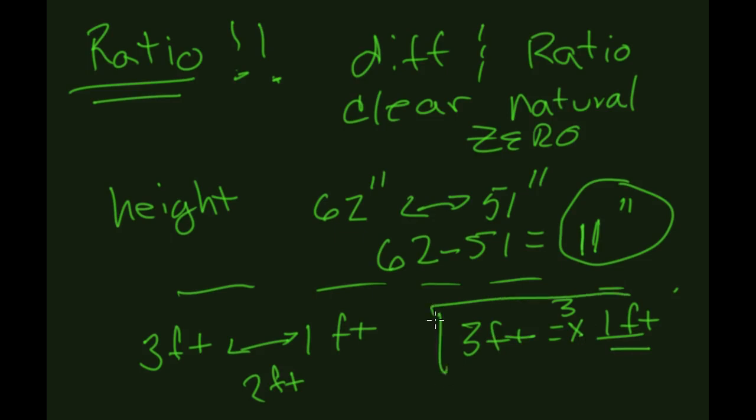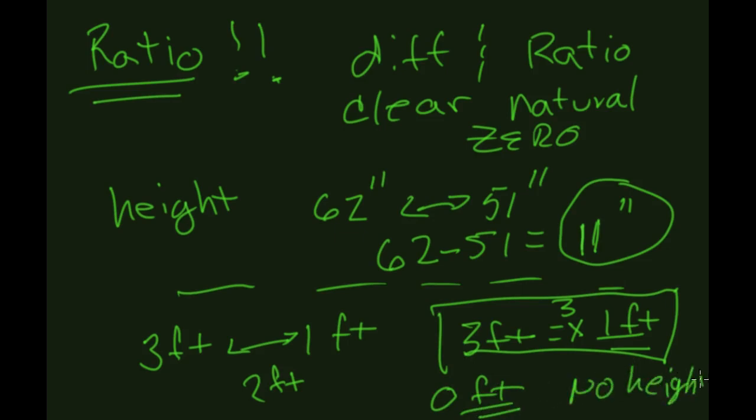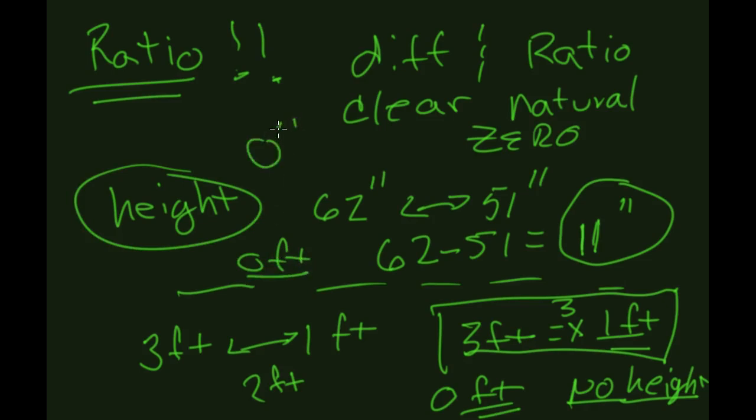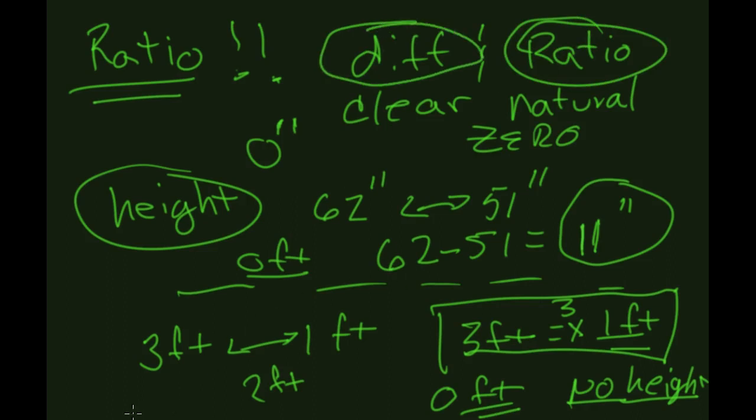And the reason why I can do this is because saying 0 feet means that it has no height. Its height extension does not exist. So in the case of height, there's a natural 0 feet, or 0 inches, or 0 centimeters, or 0 meters, whatever we want to use. And that allows me to create clear ratios and also clear differences.